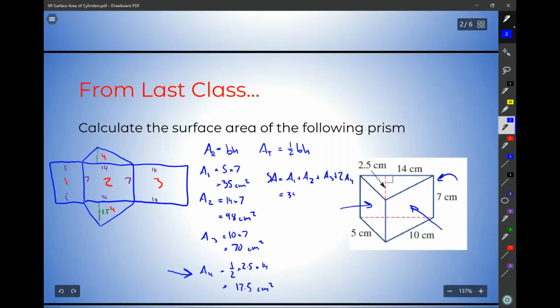So that's 35 plus 98 plus 70 plus 2 times 17.5. And we can pop all of that into our calculator just to make sure we don't make any mistakes. And the answer should be 238 centimeters squared.